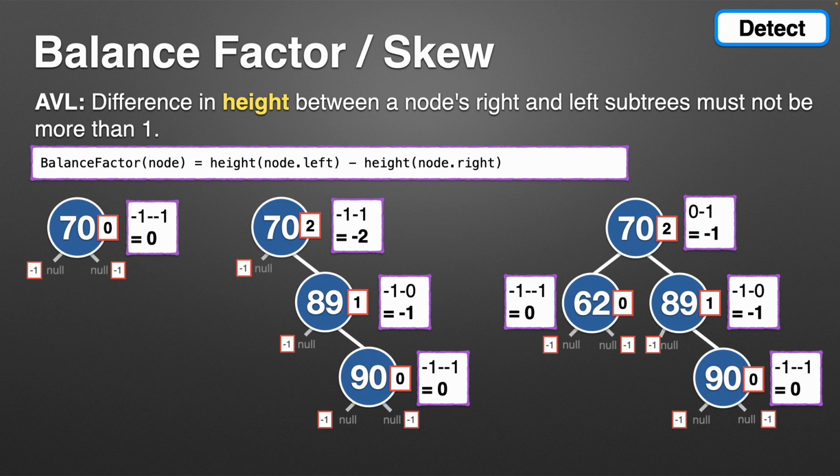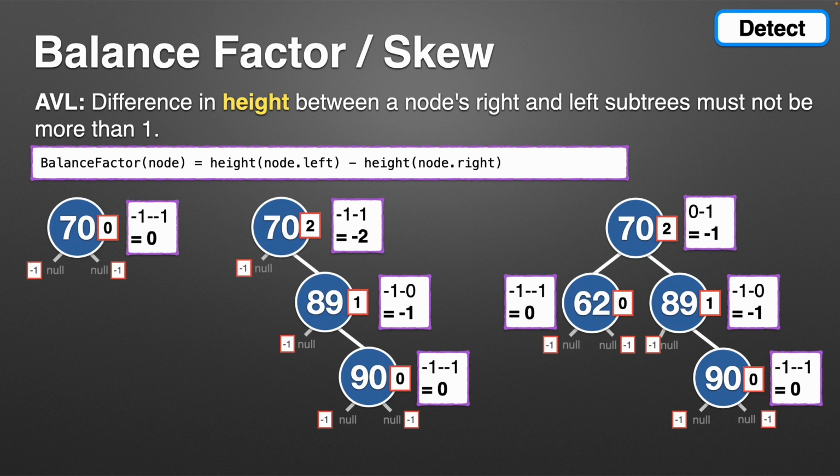So if we move up this tree a little bit more, we move up to 70, right? We're going to do the same thing. So we say the height of the left node, which is -1 because it's null, minus the height of the right node, which is 1 in this case. We get -1, -1, and that's -2. That's not okay.